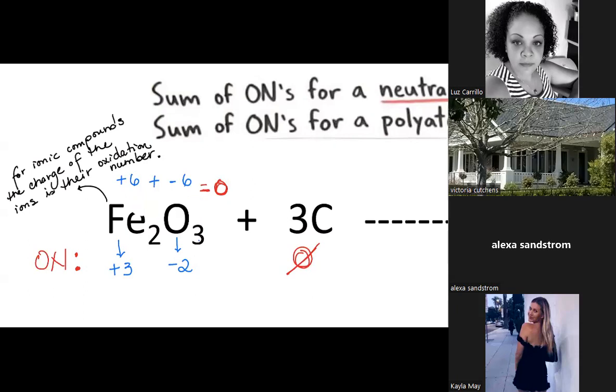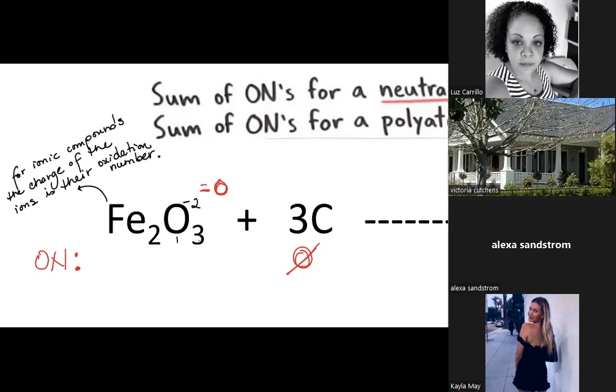So let me just show my work again. When we have an ionic compound, that is a neutral compound because it doesn't have an overall charge in the corner. When we have to assign the oxidation numbers, we know that oxygen is going to be -2.